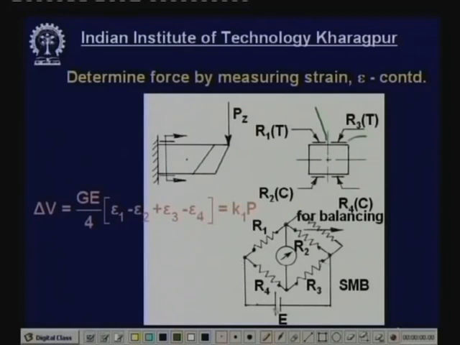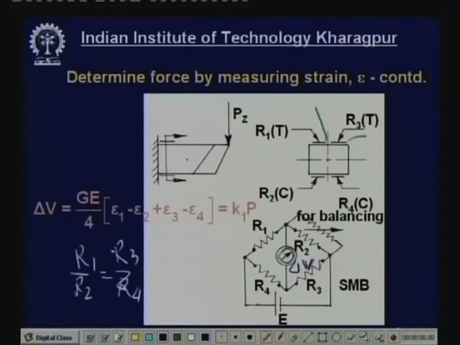Now, this circuit is connected with a potential difference E. So long as R1 by R2 remains equal to R3 by R4, there will be no voltage here. This is delta V, that is called unbalanced voltage, that will be created here.